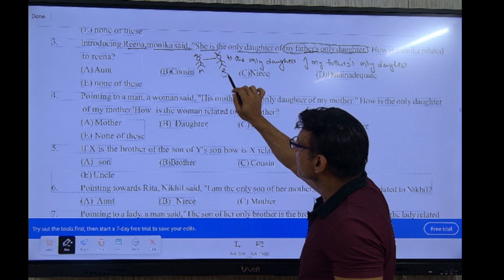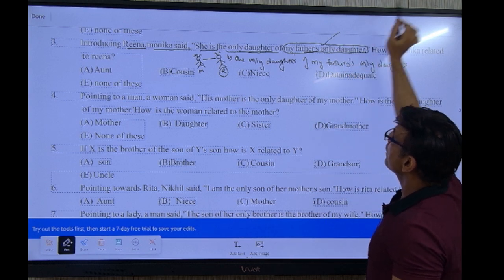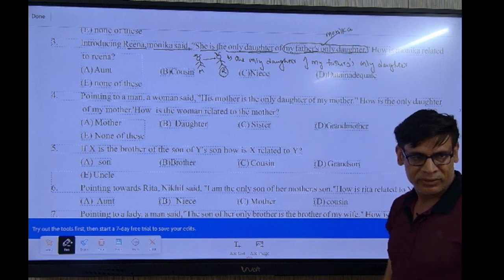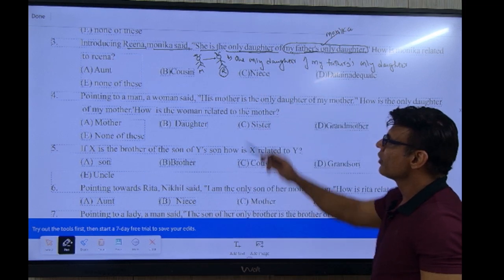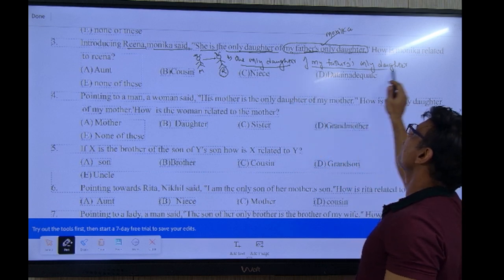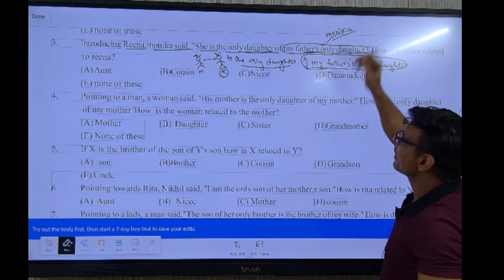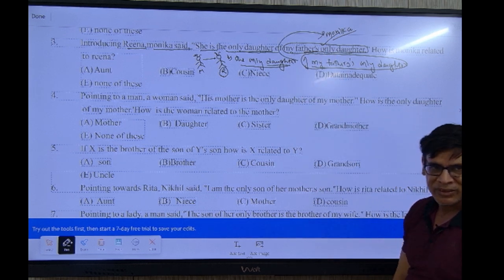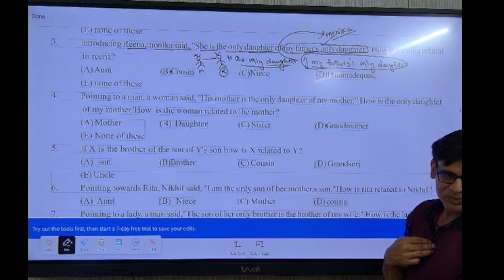Now this Reena is the only daughter of my father's only daughter. So my father's only daughter is Monica only. And who is Reena? Only daughter of Monica. If Monica is saying my father's only daughter, that means Monica herself.